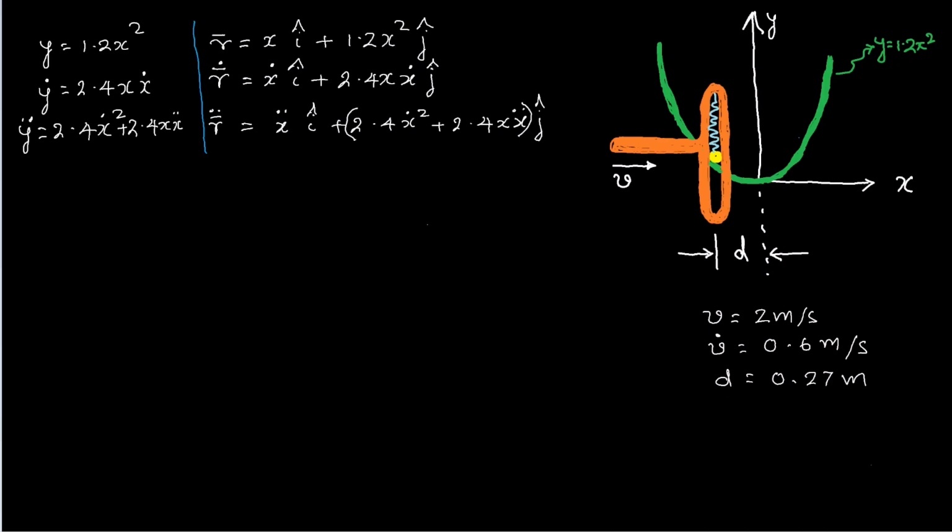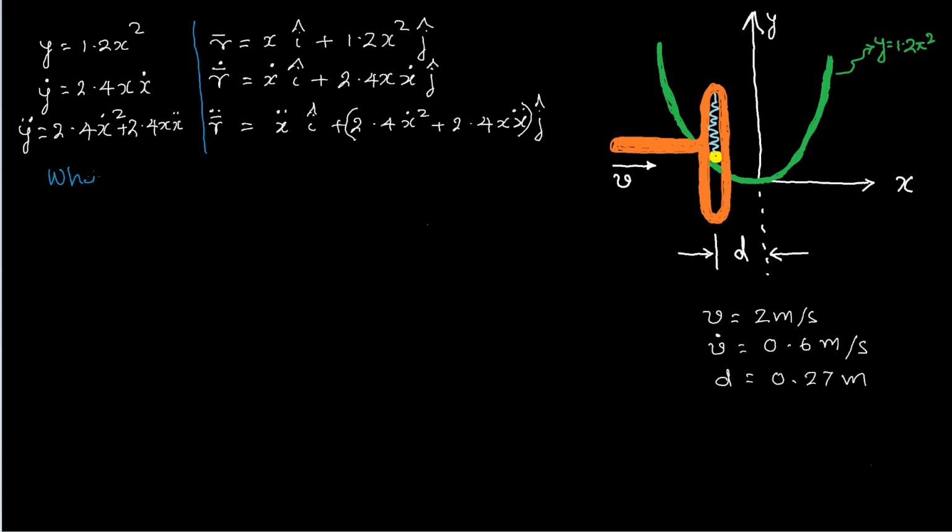So once we have the expressions, we can put in the specific values at the instant of interest to get the values of velocity, acceleration, etc. So in order to do that, let's see.